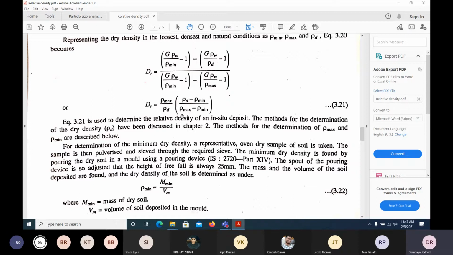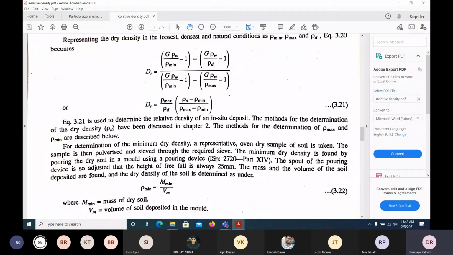So there are some tests. In the IS code it is given. What generally we do for determination of minimum dry density is that a representative oven dry sample is taken. The sample is then pulverized and sieved through the required sieve. The minimum density is found by pouring the sand or soil using a pouring device.